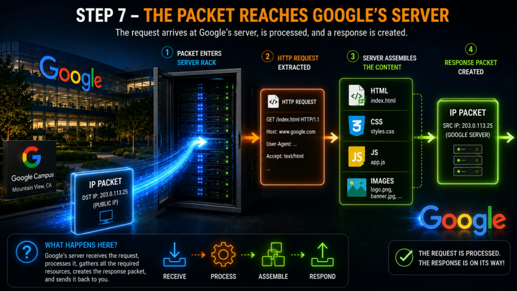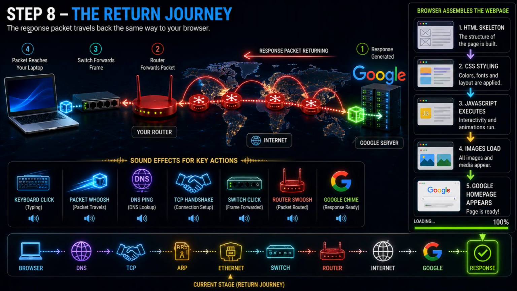Using the same TCP connection established earlier, Google sends the response back toward your computer. The response follows a similar path back. It travels through internet routers, your ISP, your home router, your local switch, and finally reaches your computer. TCP checks that every piece of data has arrived correctly and in the proper order.